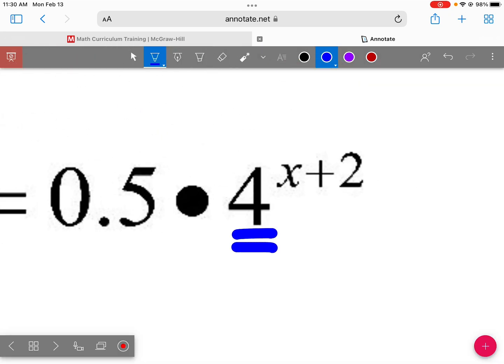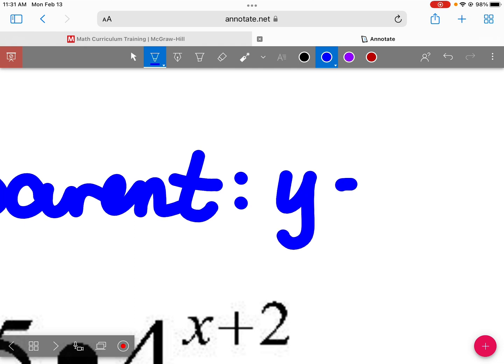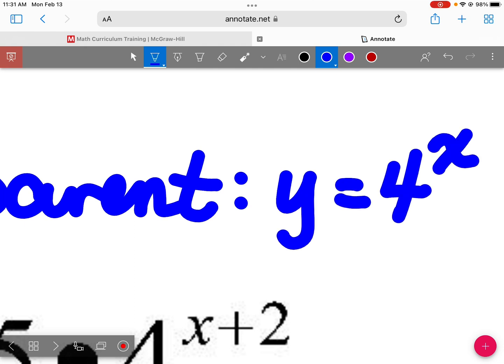So on this one, my base is 4, and so I know the parent is y equals 4 to the x. No A, no H, no K. That's my parent. The A, H, and K tell me how it is different from this parent function. Does that make sense?